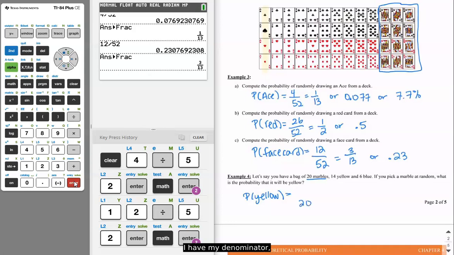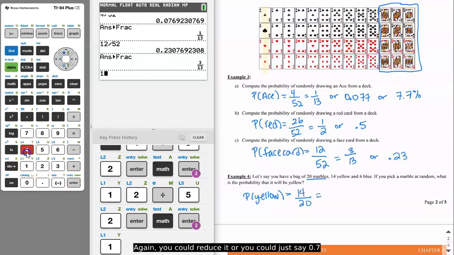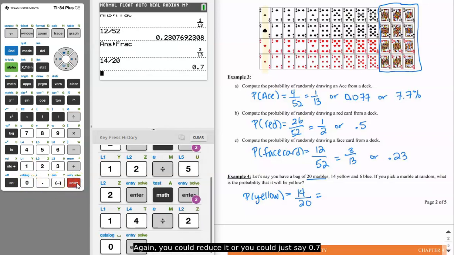My denominator is the total number of marbles, so this would be 20. And then we'd have 14 yellow. Again, you could reduce it, or you could just say 0.7 would be my probability of choosing a yellow marble from this bag of 20 marbles.